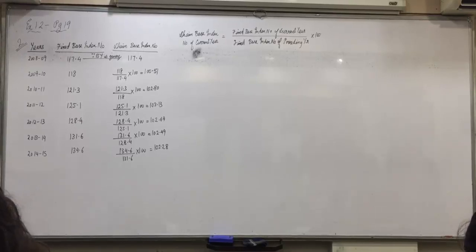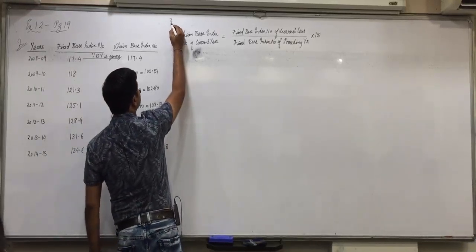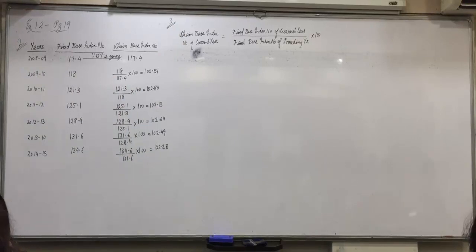One more question I'll do on the board, then you'll try on your own. Look at question number 3, be attentive. Same page. The fixed base index numbers of food from the month of January to October in the year 2015 for the industrial workers of Ahmedabad are as given below.